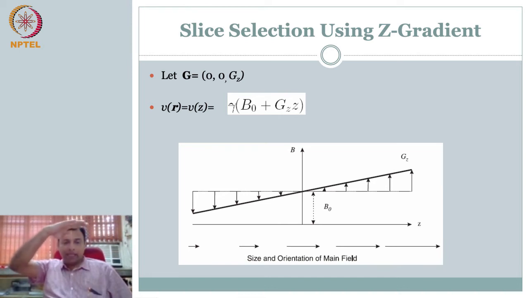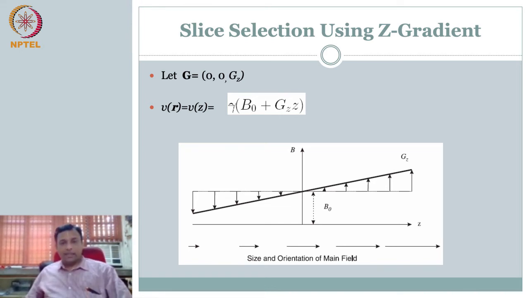Each axial plane is experiencing one magnetic field strength and therefore one frequency. Here is different, here is different. Within that plane, in the X and Y direction, everything experiences the same. In plane is the same, but out of plane, the magnetic field strength is different, and therefore your Larmor frequency is different.